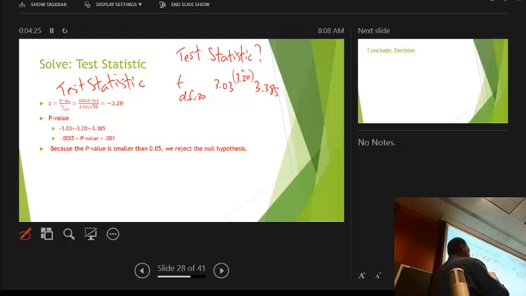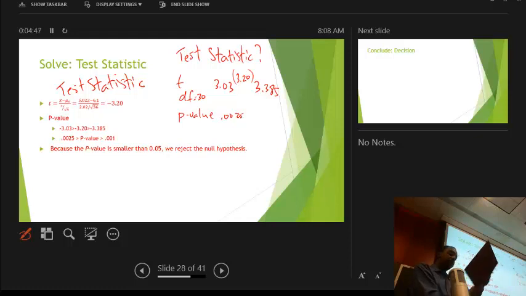Because you come down here to the bottom, you have a one-sided test, and so 3.03 corresponds to a p-value of 0.0025, and 3.385 corresponds to a p-value of 0.001.